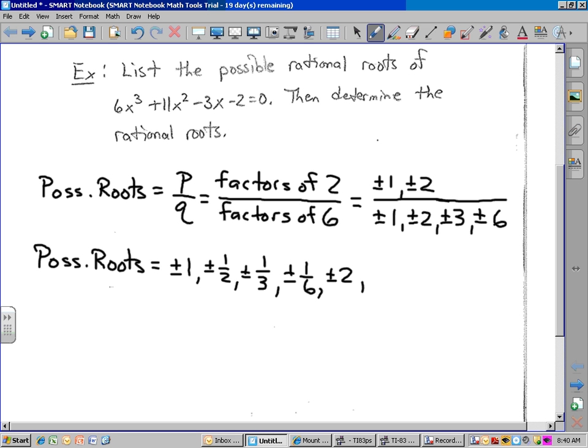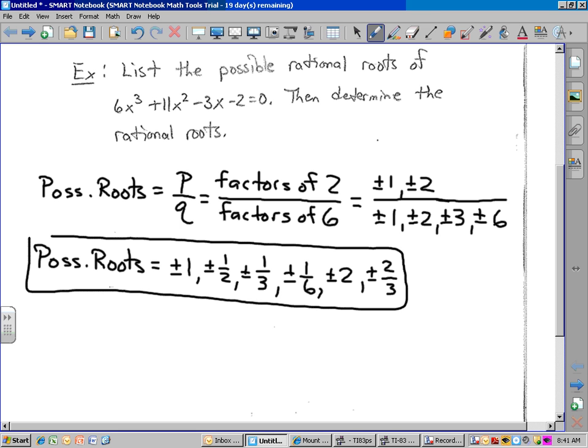We have already written that down, so we're not going to write it twice. 2 divided by 3, that's new, 2/3. And 2 divided by 6 is 1/3. We already have that written down. So this is all of the possible roots. There are 2, 4, 6, 8, 10, 12 possibilities.